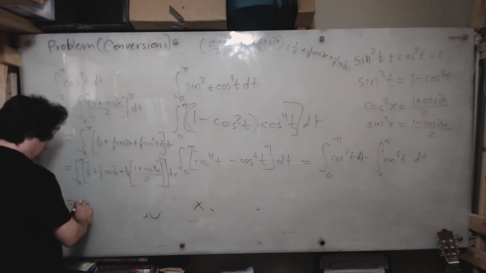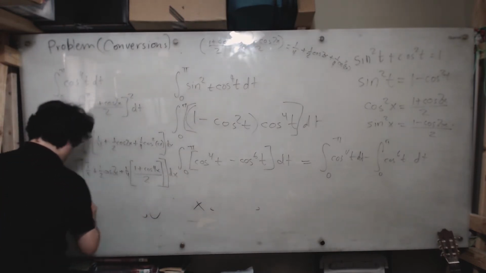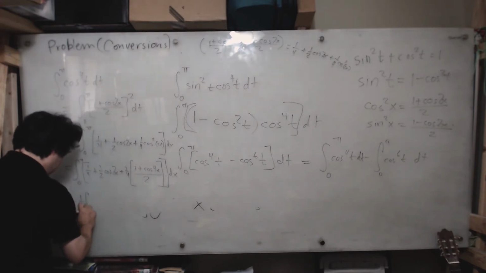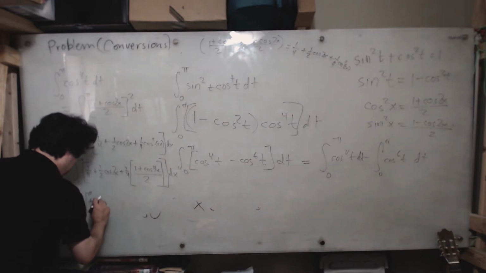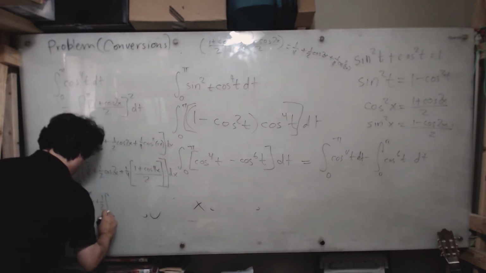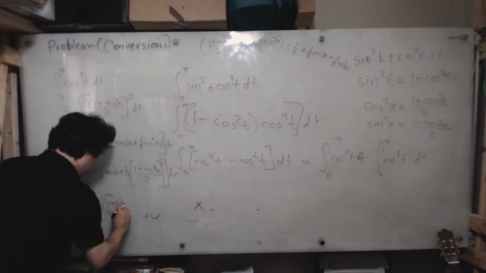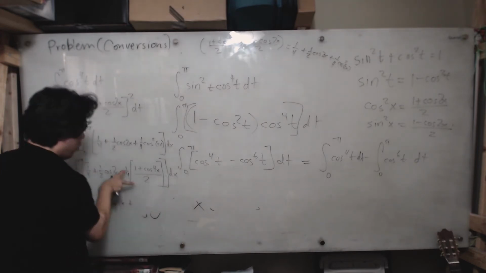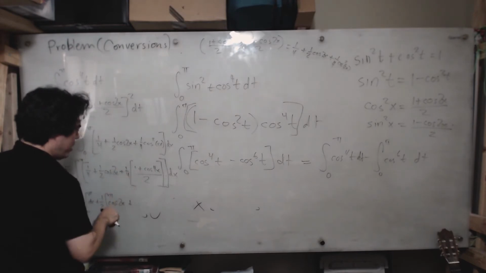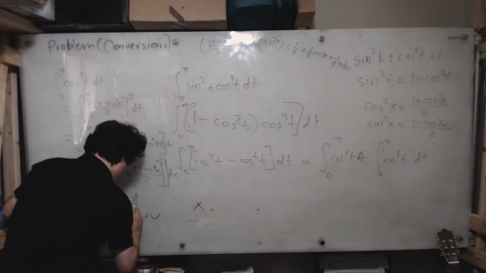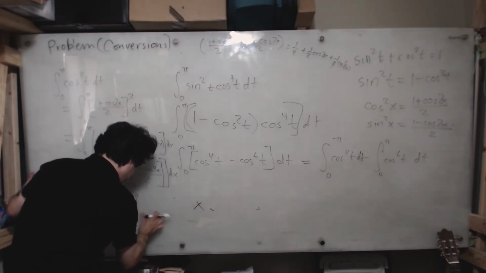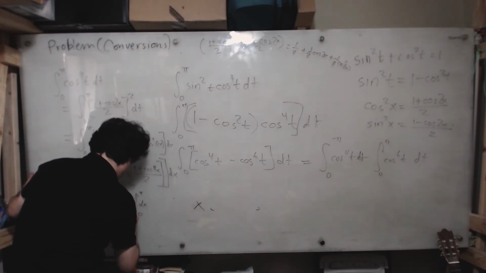Here, this is going to be 1/4 times the integral from 0 to pi dx plus 1/2 the integral from 0 to pi cosine of 2x plus 1/4 times 1/2 is 1/8, right? So that's going to be 1/8 the integral from 0 to pi of dx, just dx, right?